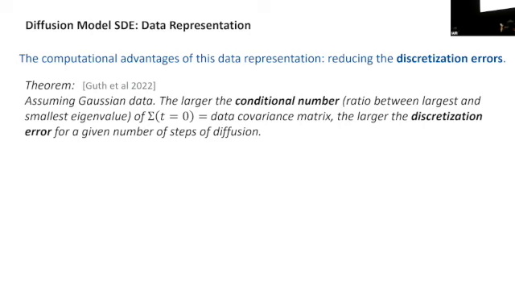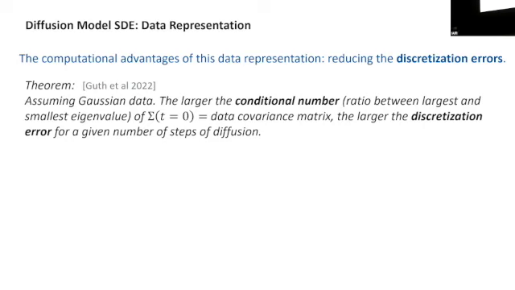In this nice paper, it says the following: assuming Gaussian data, there's a generalization to other kinds of data distribution, but let's look at Gaussian data. The larger the condition number is, the larger the discretization error is for a given number of steps.